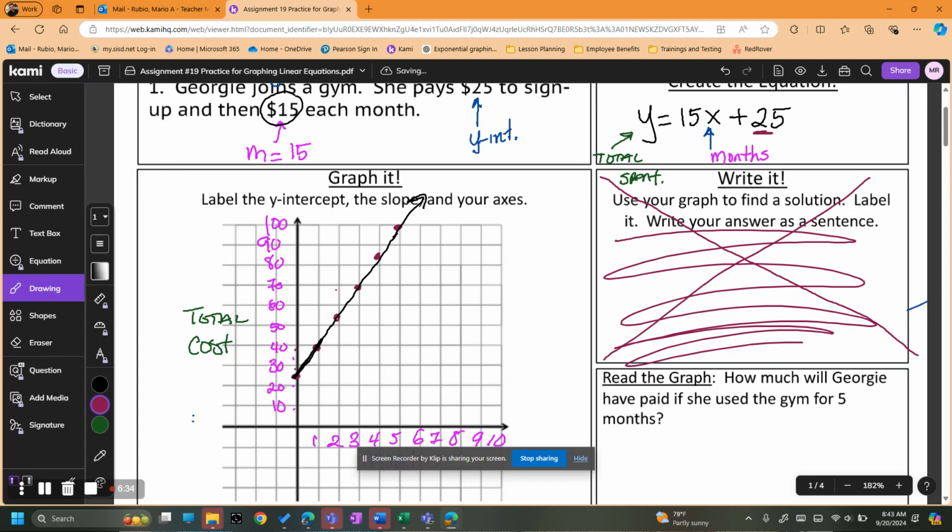Okay, so now let's interpret the graph. What does this actually mean? We haven't talked about this yet, but some of these points, what do they actually represent? Well, each point on this line represents a solution to this equation.